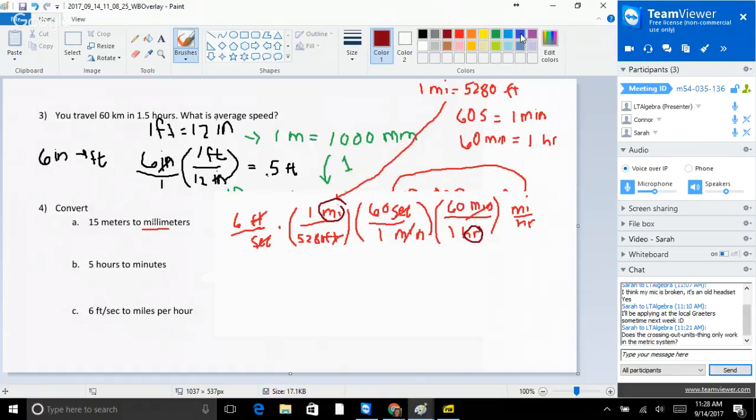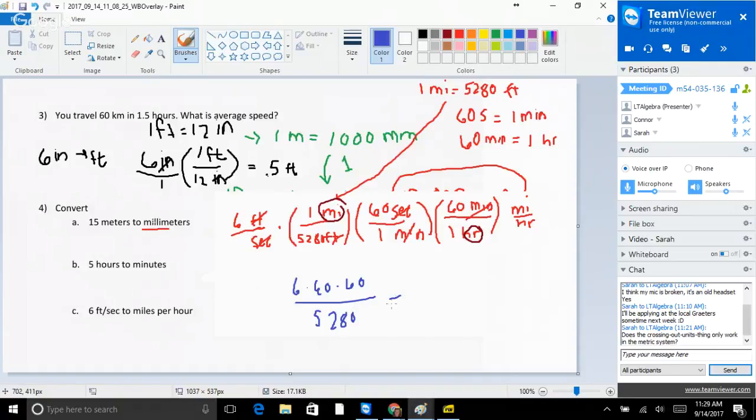But now I actually have to do the math, right? So in my numerator, I have 6 times 60 times 60. And in my denominator, I have 5,280.